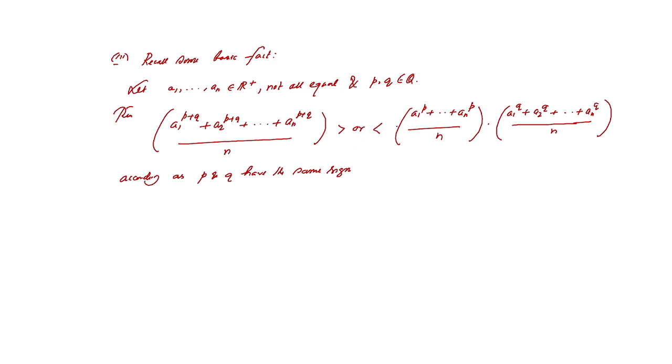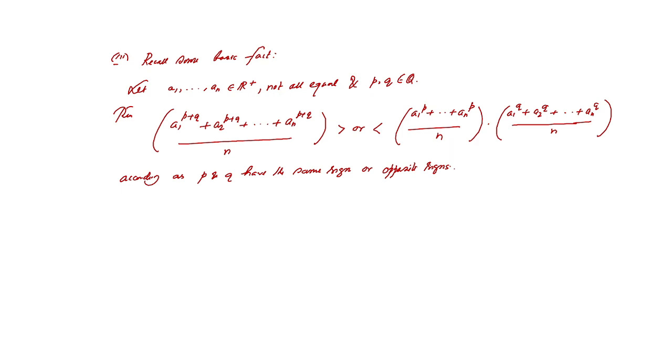Either they are both positive rationals or both negative rationals, then the greater than inequality holds. And if they are of opposite sign, that means P is negative and Q is positive, or P is positive and Q is negative, then the less than inequality holds. So same sign, greater than, and opposite sign, less than.